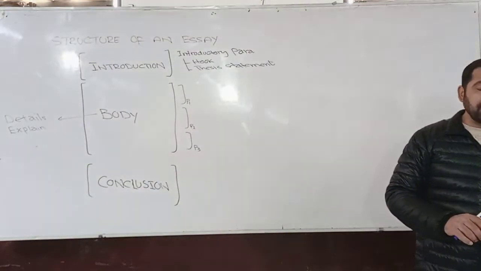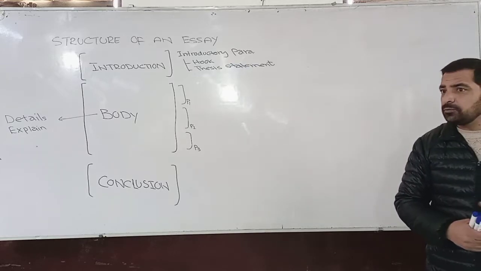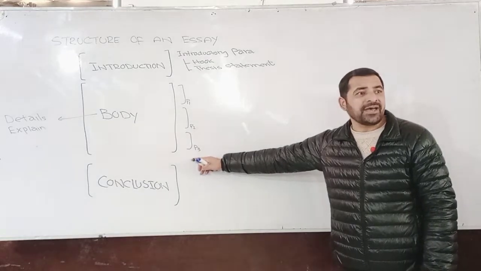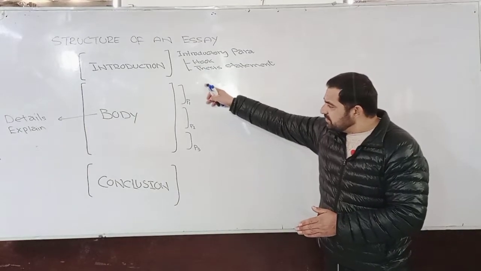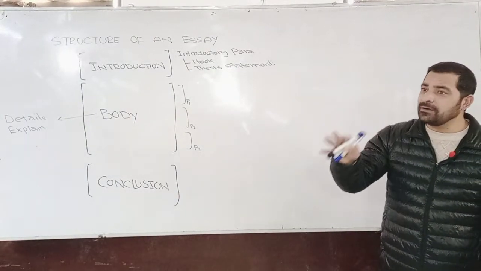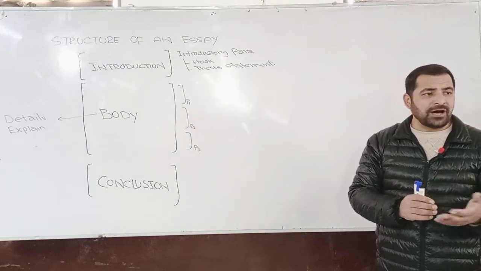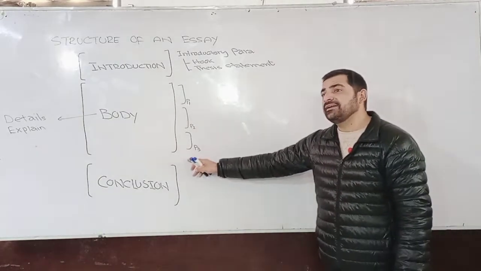At the same time, if you are going to write an essay of 800 words or 1000 words, of course, you have to add more paragraphs here. So that is what I have to say: it's not 3 paras, it depends upon the length of the essay you are writing. If you are going to write an essay of 1000, 2000 words, more and more paragraphs are supposed to be added here.